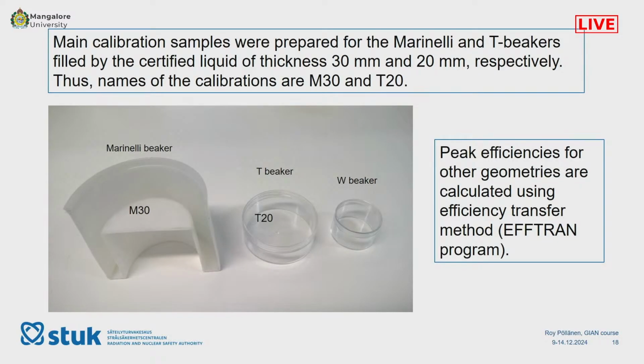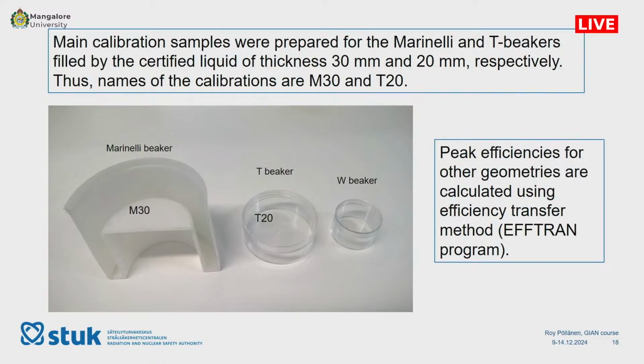So, as I explained to you, this is our basic calibration, so-called T20. This T means the T beaker, and 20 means 20 millimeter of liquid in this beaker.